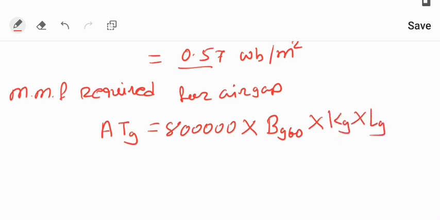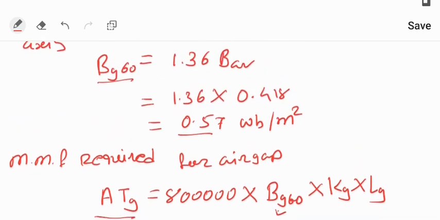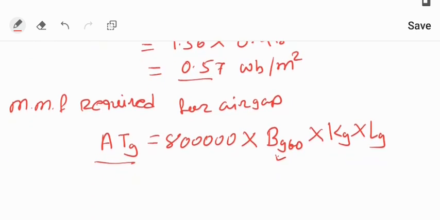This is the equation for the MMF required for air gap. BG60 is the gap flux density we found right here, 0.57 Weber per meter square.